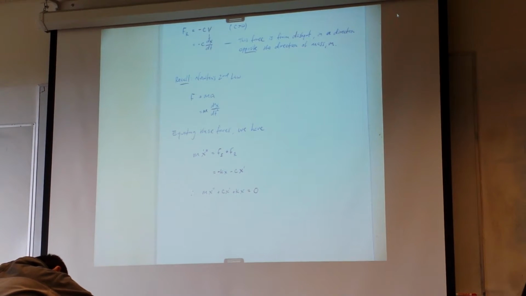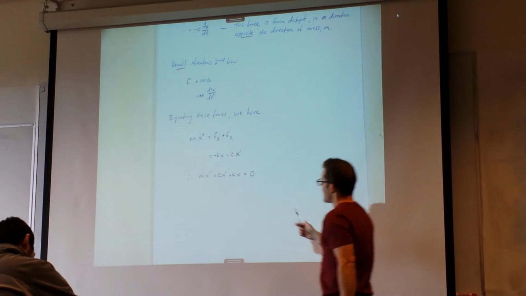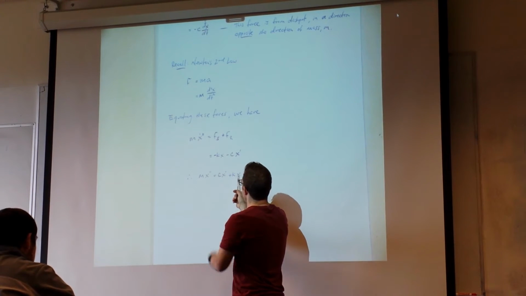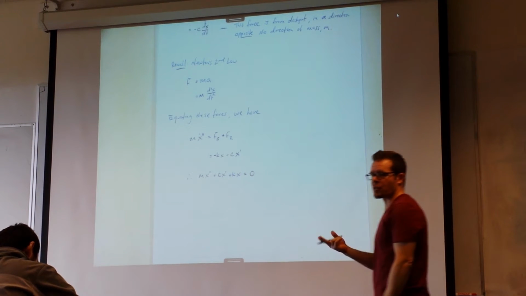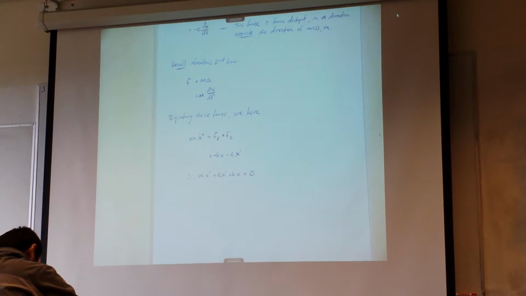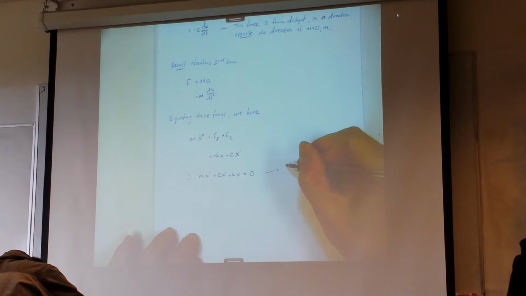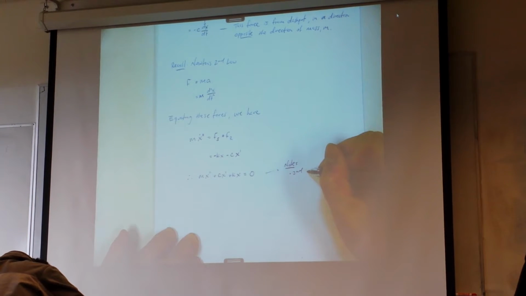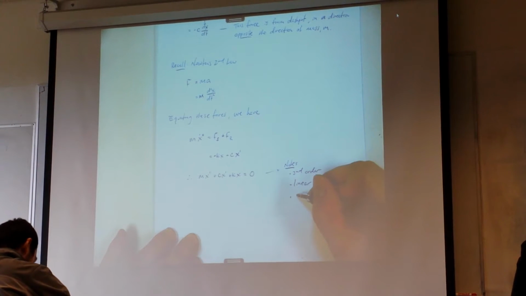Lucky for us, this is exactly the type of differential equation we've been dealing with, except we're calling it x instead of y, but it's linear in x. m, c, and k represent constants, so it's second order, linear, constant coefficients.